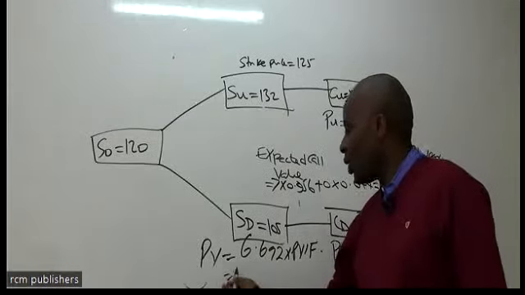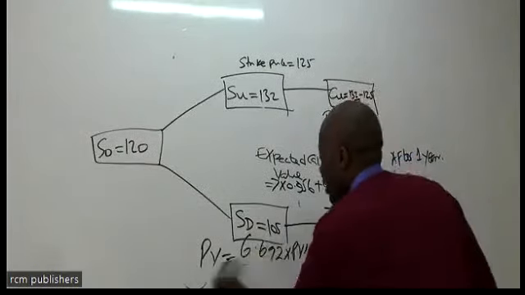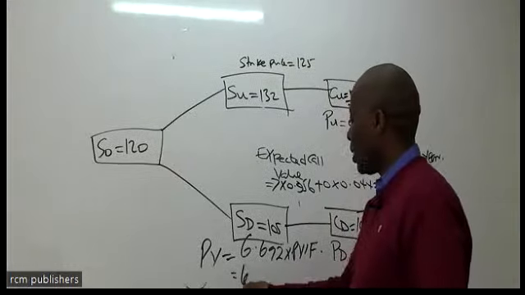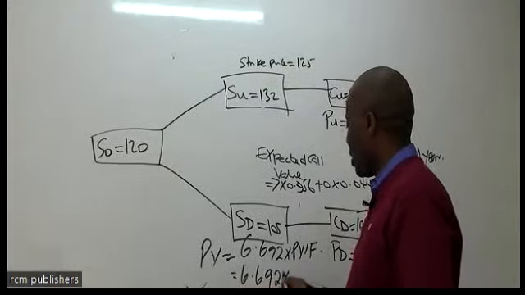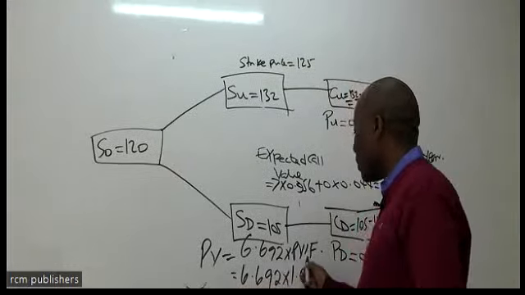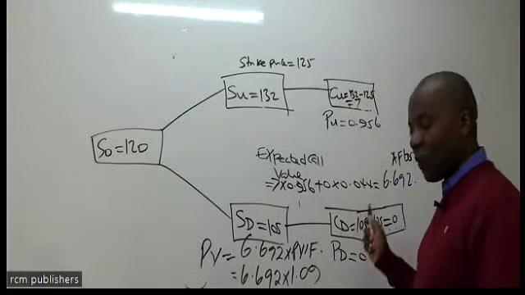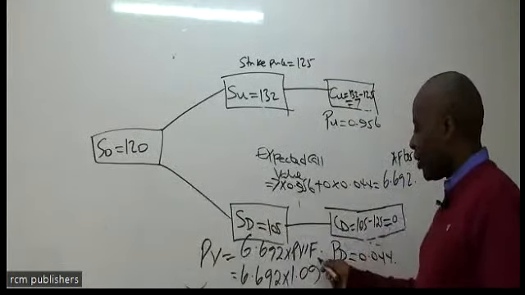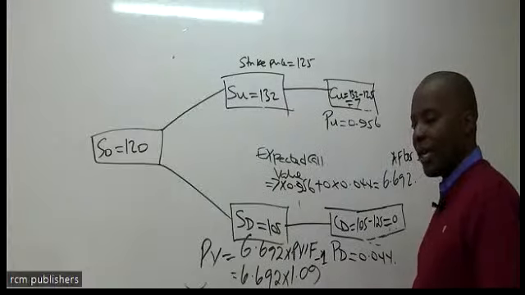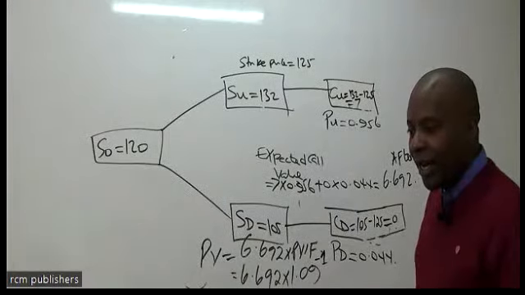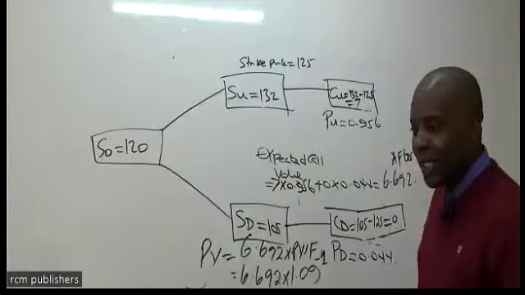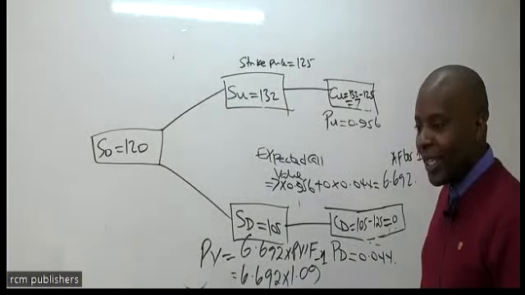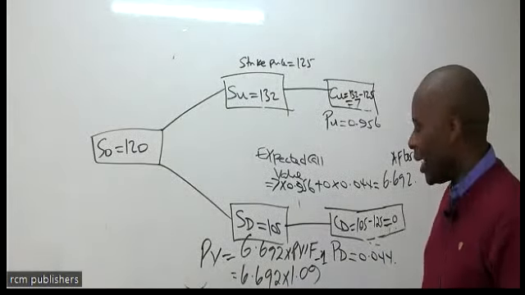So in this case, this will be 6.692 times 1.0. Remember when you're discounting, you're always using the risk-free rate of return raised to the end of year one. So it gives us 6.139.